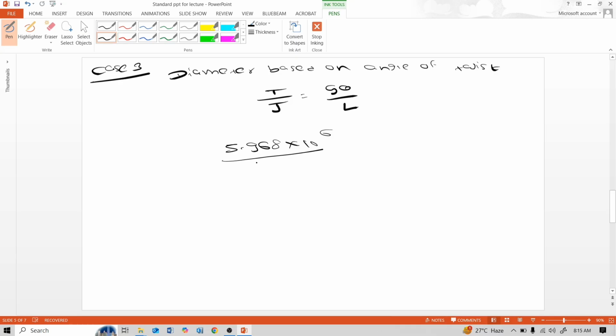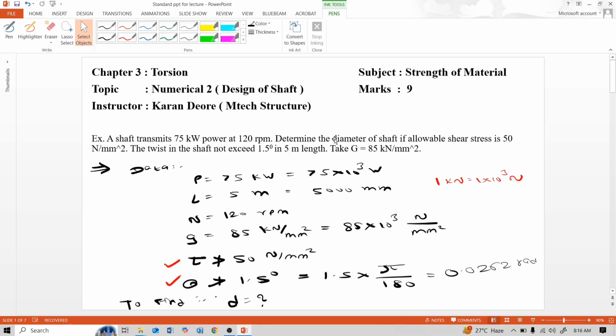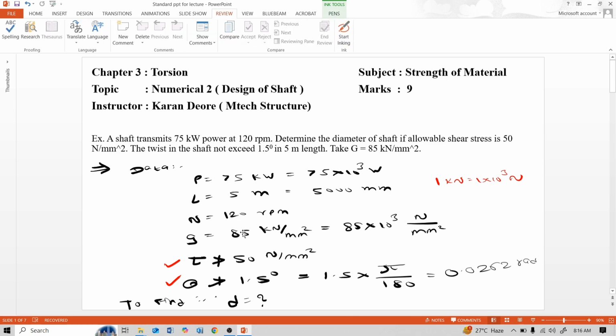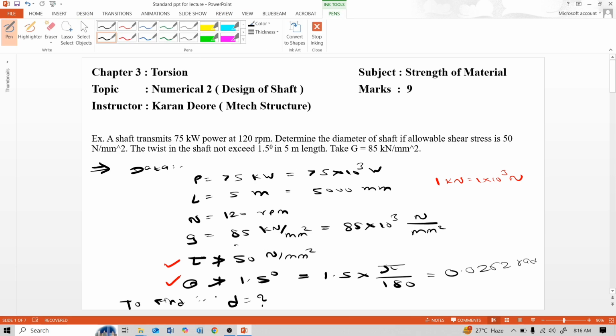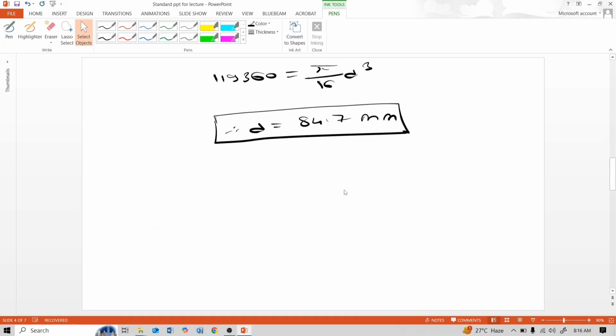J is pi by 32 multiplied by D raised to 4. G is shear modulus, 85 kilonewton per mm square, that means 85 into 10 raised to 3 Newton per mm square.